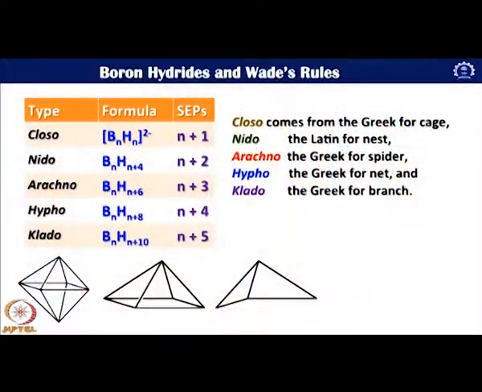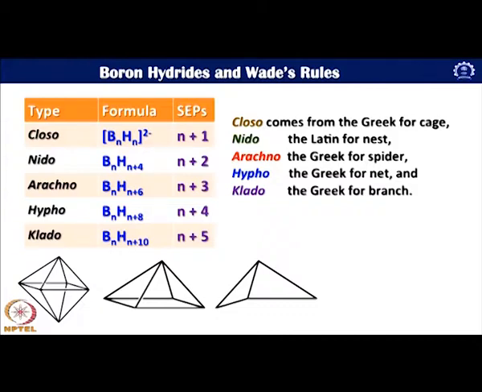Closo will have n plus 1 skeletal electron pairs, nido would have n plus 2 skeletal electron pairs, and arachno will have n plus 3 skeletal electron pairs. With n boron atoms, that is called closo; with n minus 1 boron atoms, that is nido; with n minus 2 boron atoms, arachno.